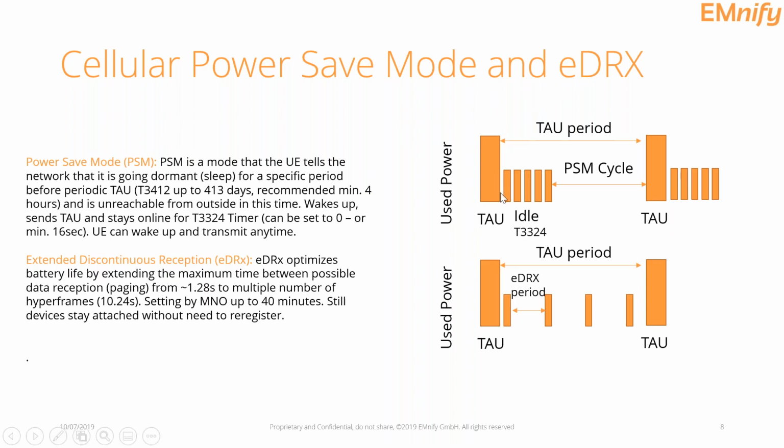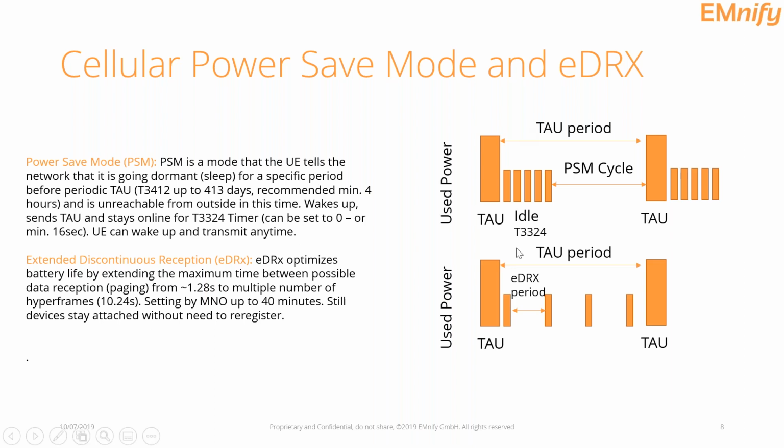And then there is this idle timer. Usually, if a device transmits data uplink to the antenna, it also waits some time to get an acknowledgement or additional data on the downlink.